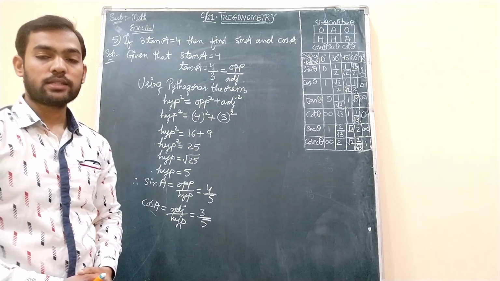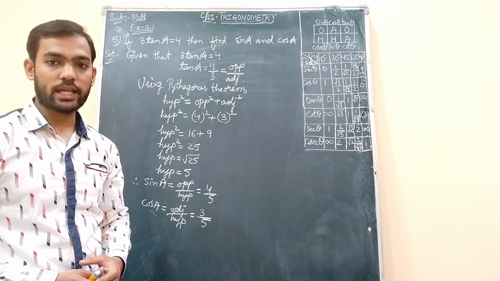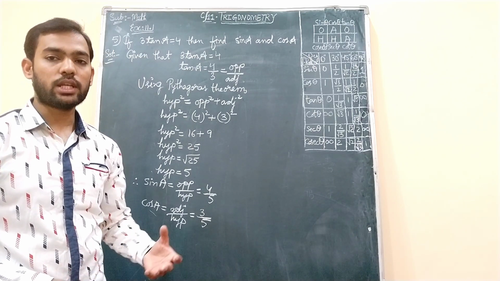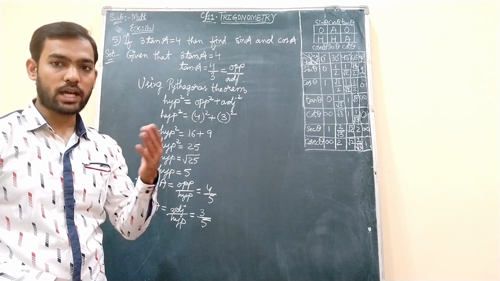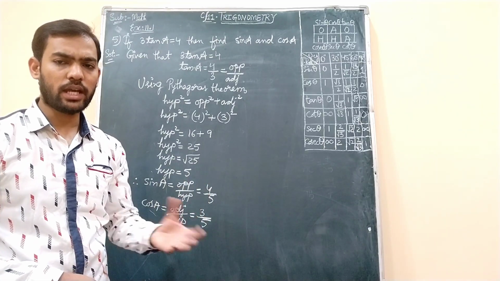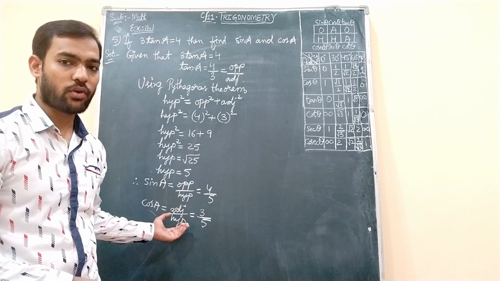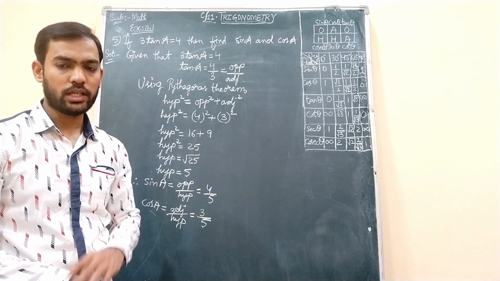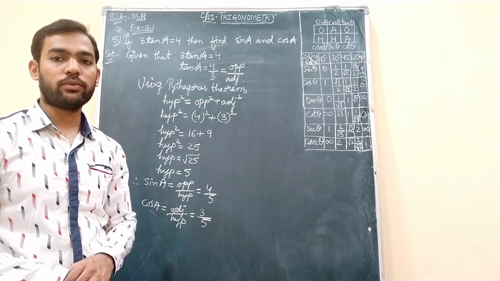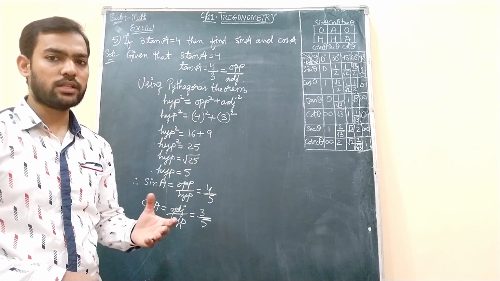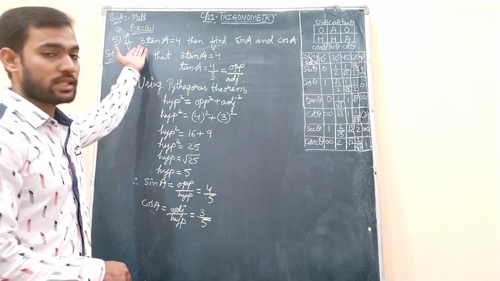Understand students? Question number 1 I have already explained to you, and question number 4 is also your homework. Question number 1 is writing the given data, drawing a triangle, writing all the sides, and whatever ratios he has asked, just write the formula and write the answers. That is very easy. In question number 4, one ratio is given similarly like this, but there is no confusion at all because no number is given before it.